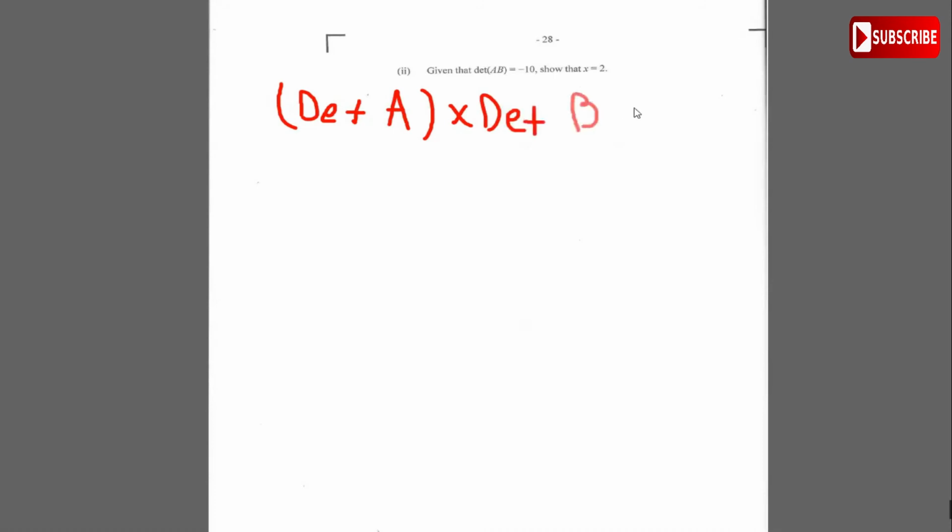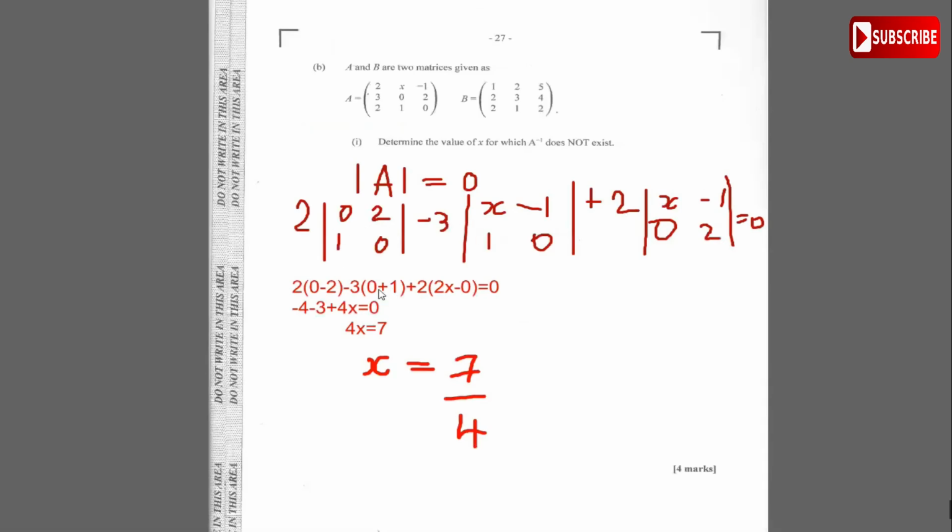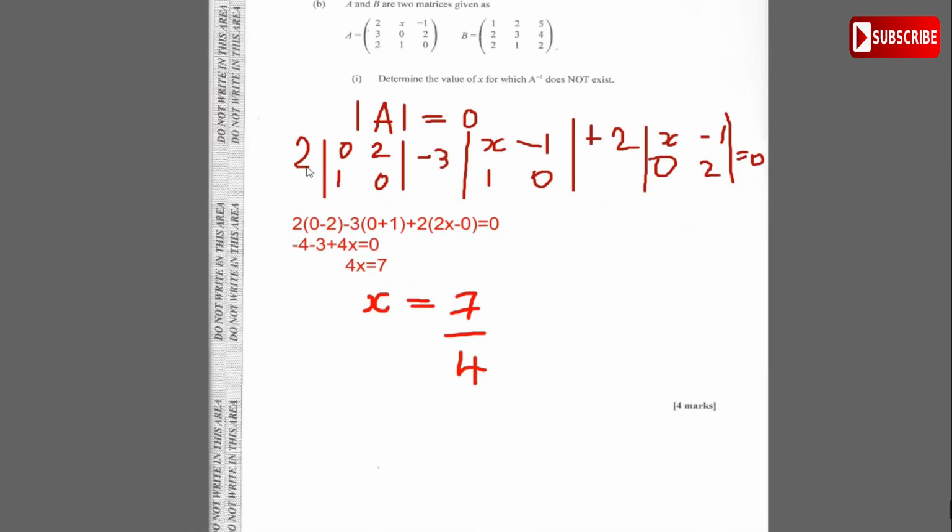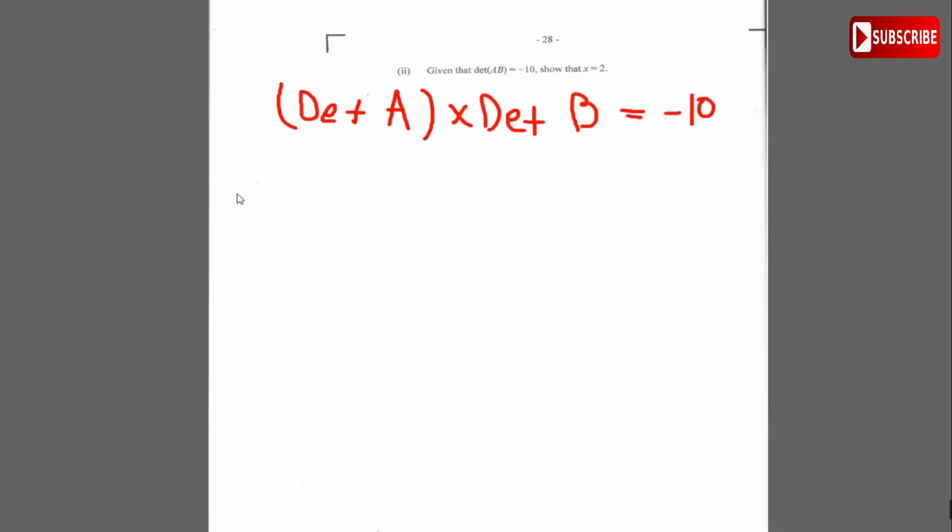The determinant of A times the determinant of B is minus 10. Now, the determinant of A, if you were to write this as a formula, would be given by minus 4.